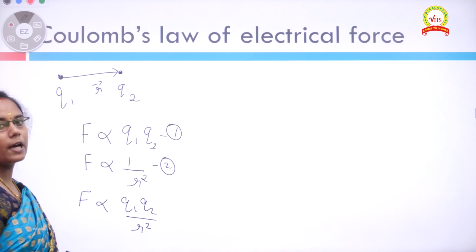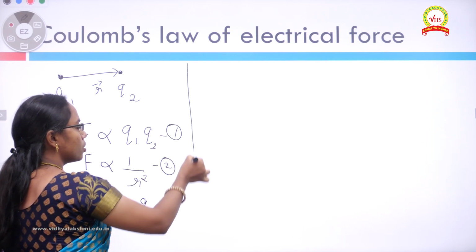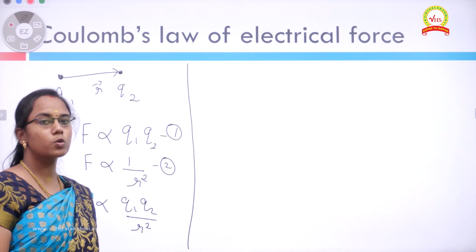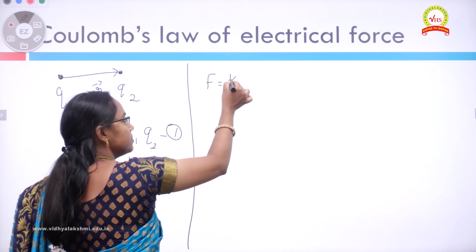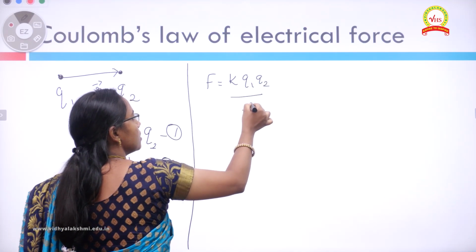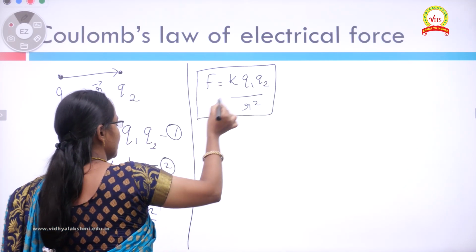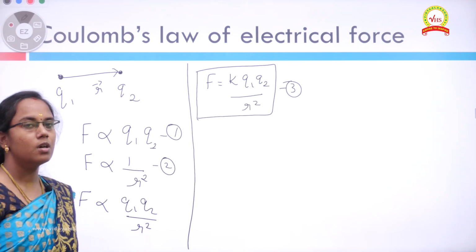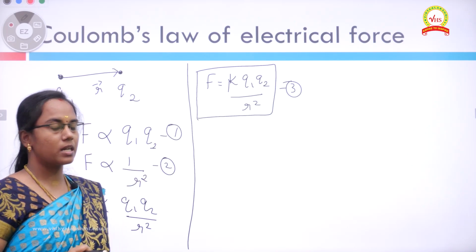To remove the proportionality, I introduce a constant K, where F equals K times Q1 Q2 by R square. Let this be equation 3. This gives the magnitude of the electrostatic force, meaning we can identify the value of the electrostatic force here.